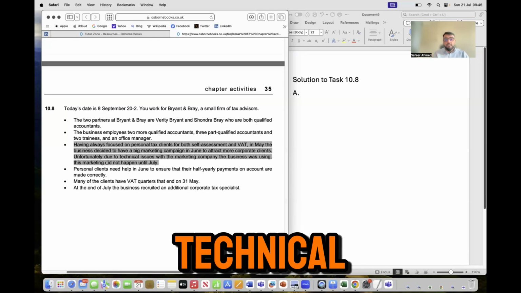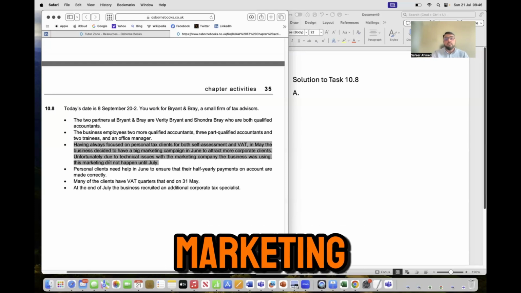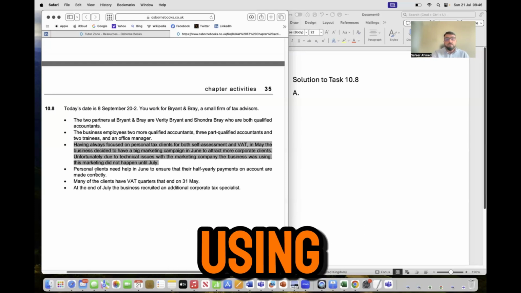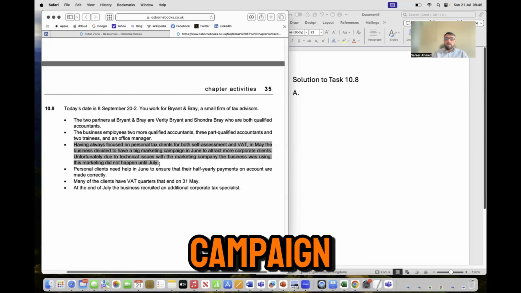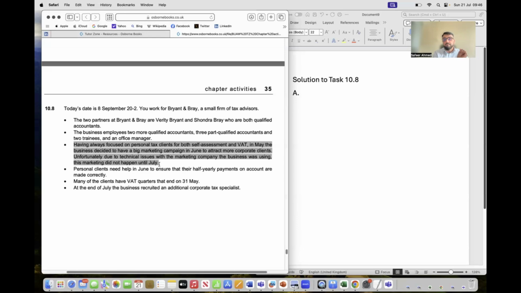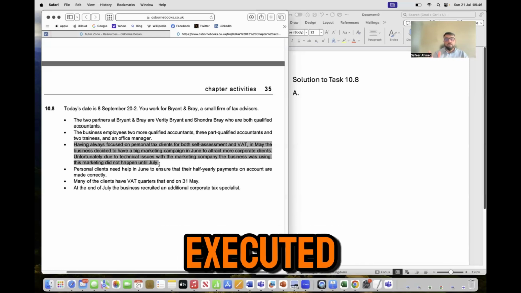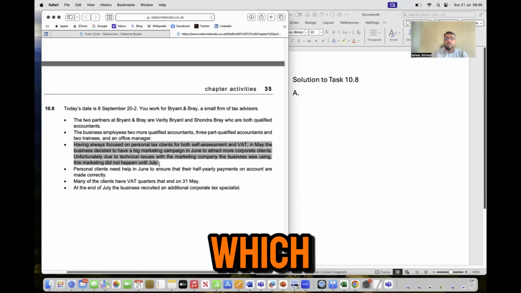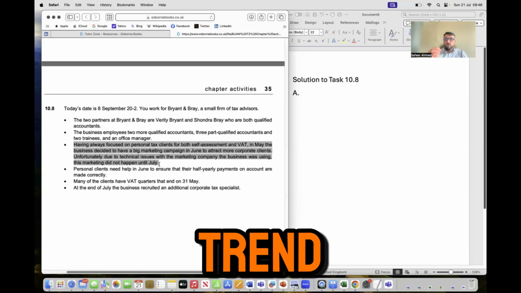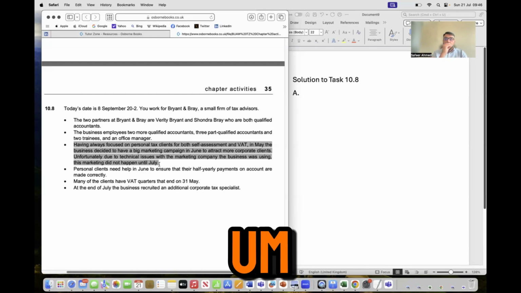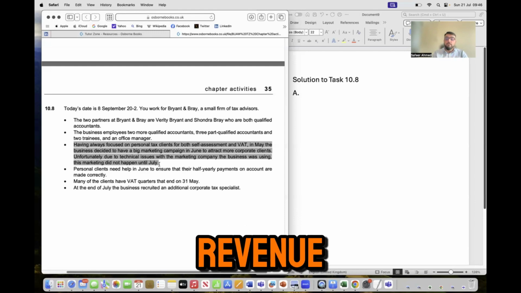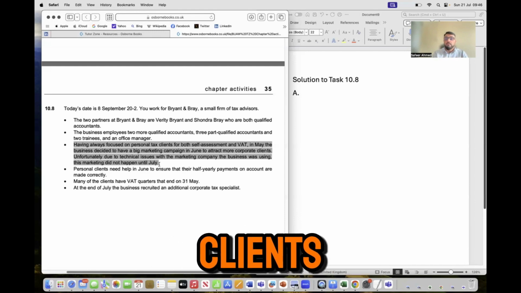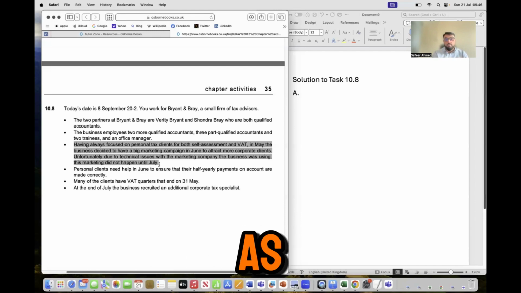Unfortunately, due to technical issues with the marketing company the business was using, this marketing did not happen until July. You need to make a note that this campaign was executed in July, which means you might see an improvement in the revenue from the corporate clients in July as well as August.